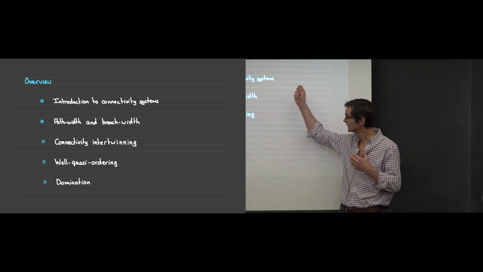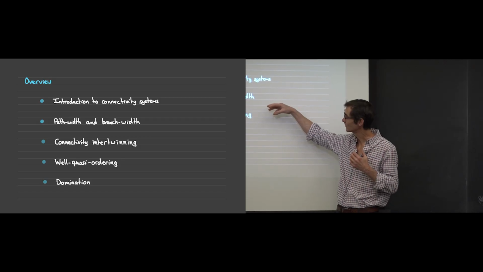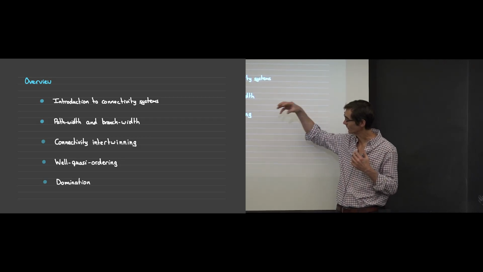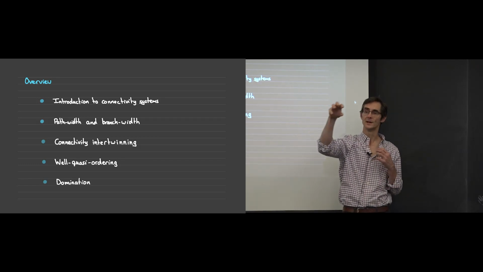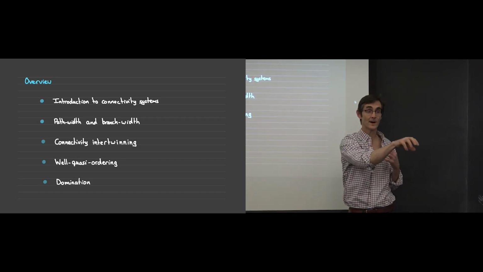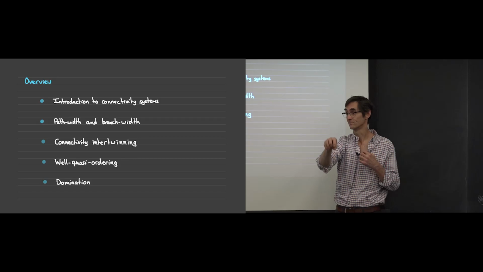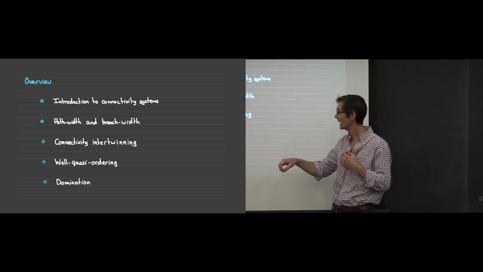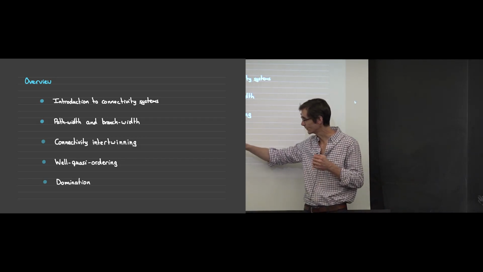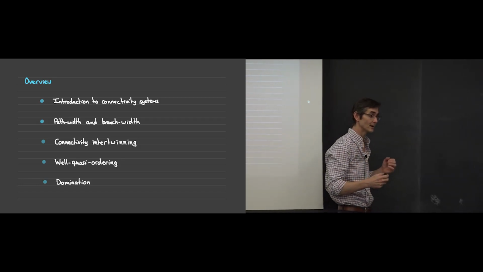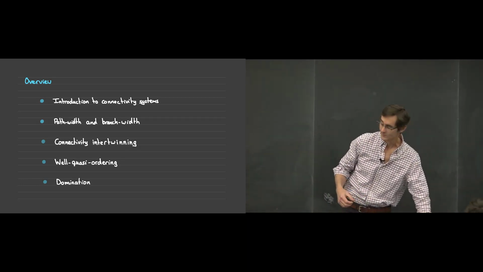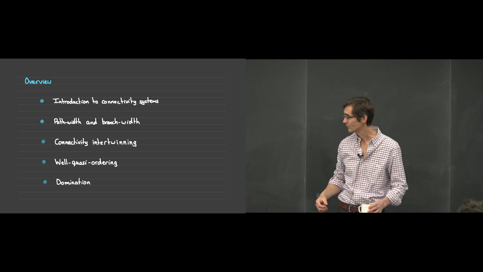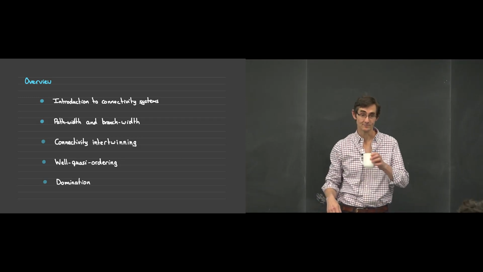We'll see those. And then I'll tell you about how to take results on connectivity systems and turn them into things you care about more in the applications. And then finally, I'll tell you a bit about well-quasi-ordering and this new containment operation. I won't really get into proofs of anything today.